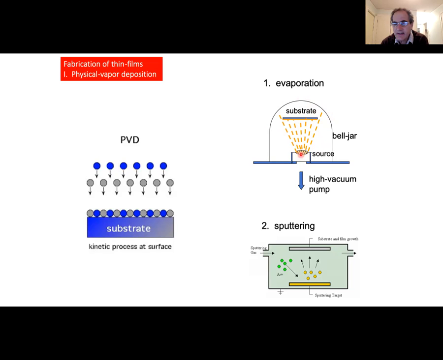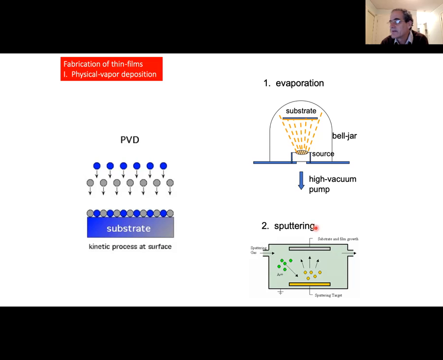Then the source is heated up until it vaporizes, and then this vapor simply goes out in all directions and coats whatever it hits. And so it coats the substrate. So this is a very straightforward way of making a thin film of one material on top of another. It's not very well controlled, though. The films that one makes are always amorphous or polycrystalline. And yeah, as I said, it's not very well controlled.